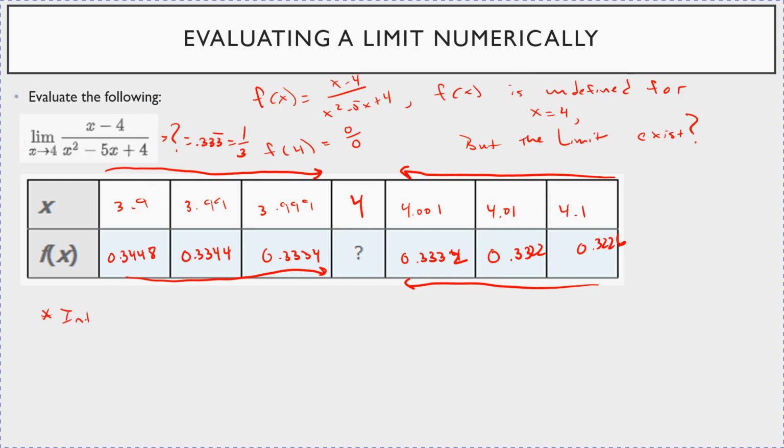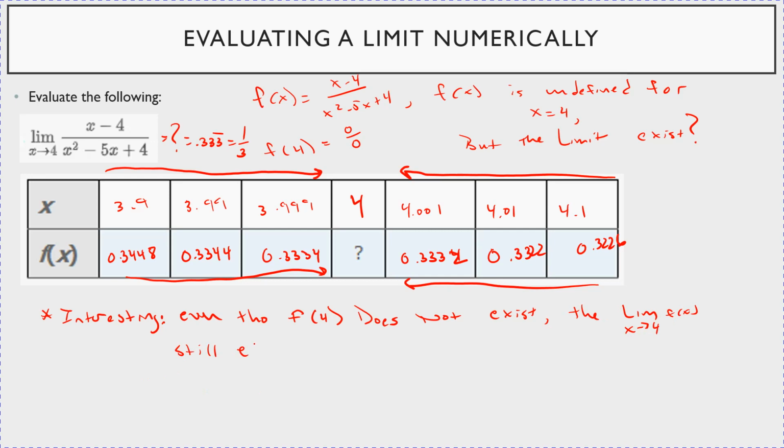So just an interesting concept. Even though f of 4 does not exist, the limit as x goes to 4 of f of x still existed.